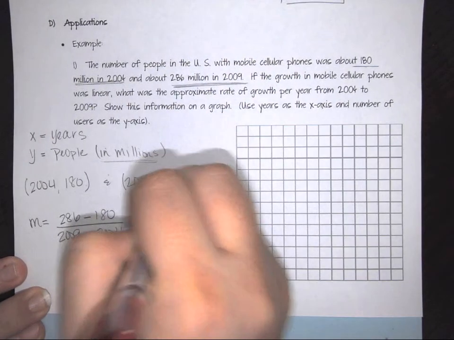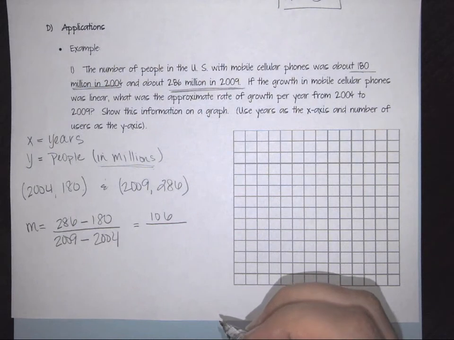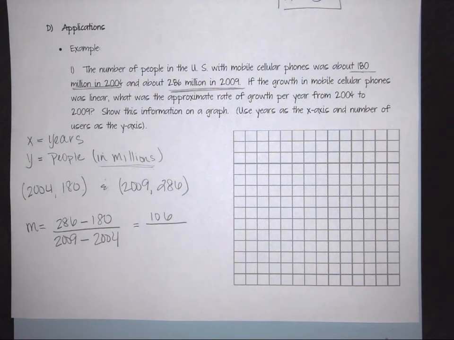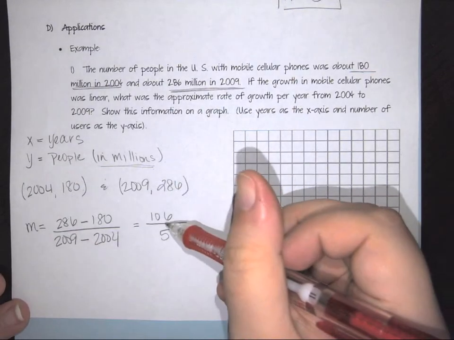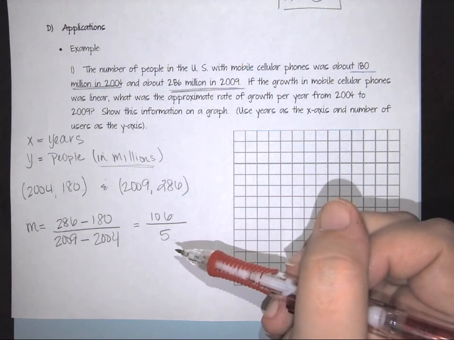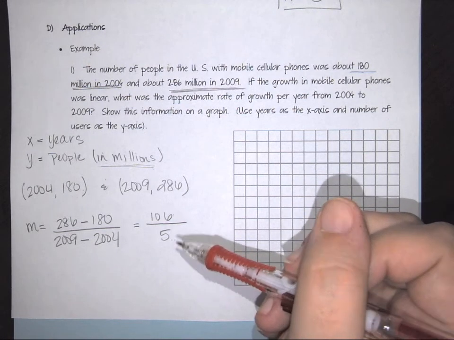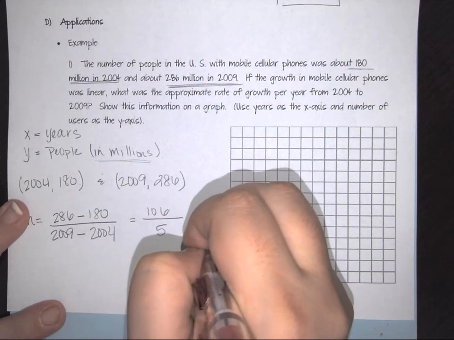So this is 106 over 5. And then you want to look to see how does this reduce at all. Well, 106 over 5 is not going to give you anything pretty. Instead, what it actually gives you is about 21.2.